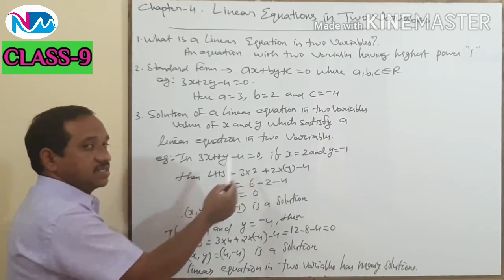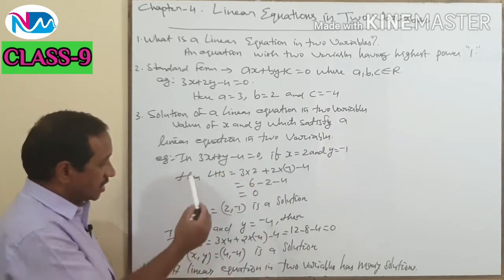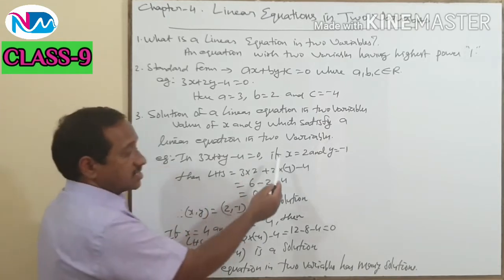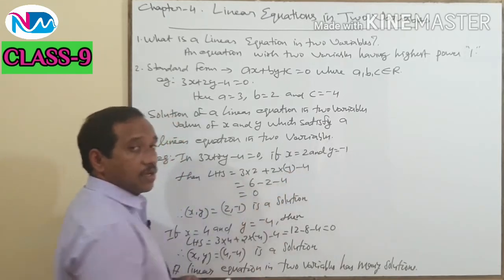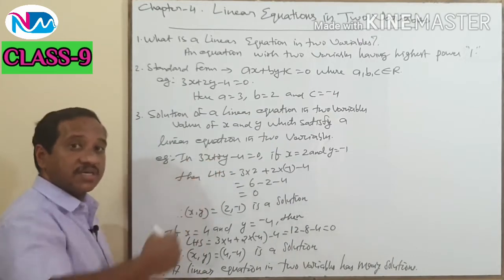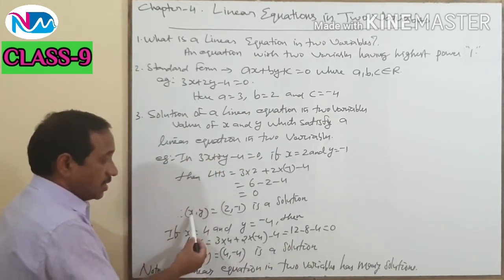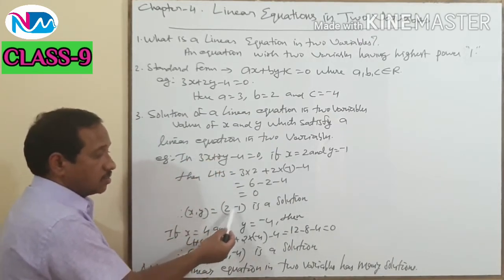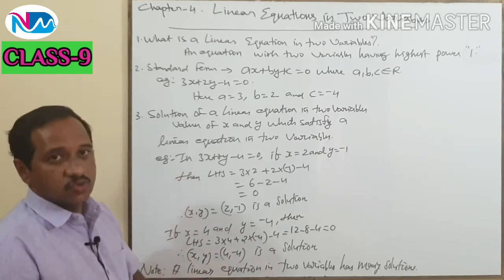Equal to 0 means it is RHS. Therefore, we can say that x is equal to 2 and y is equal to minus 1 satisfies the equation. Hence, (x, y) is equal to (2, minus 1) is a solution.